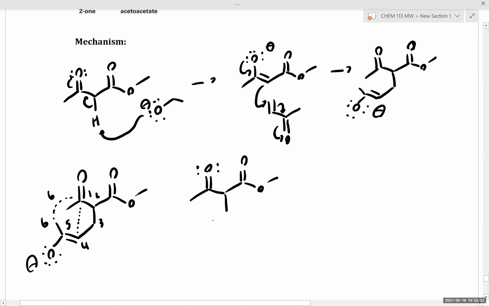we're going to see a proton transfer step. First, we're going to protonate our enolate.